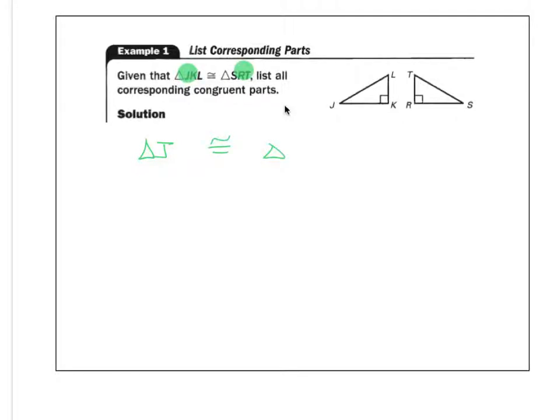They started with angle J, and the corresponding angle for J is angle S. So J and S are congruent. Then angle K, the right angle, and angle R are congruent. And angle L and angle T are congruent.